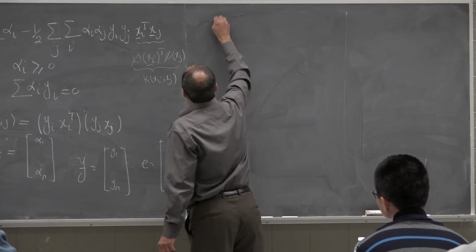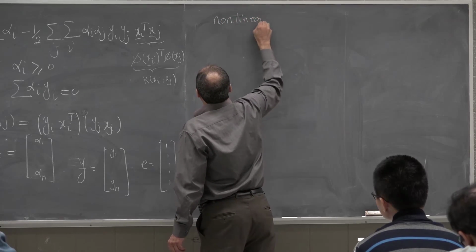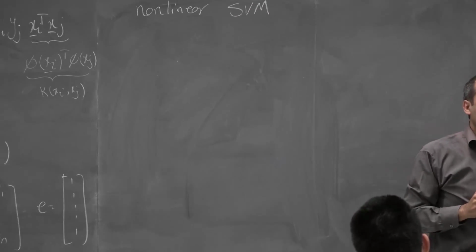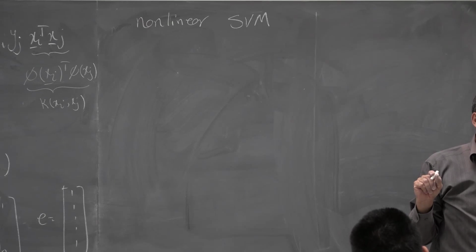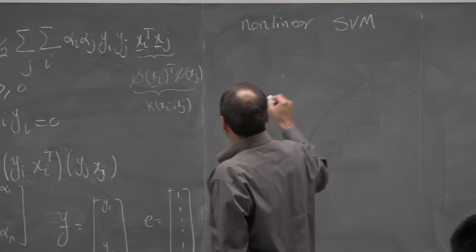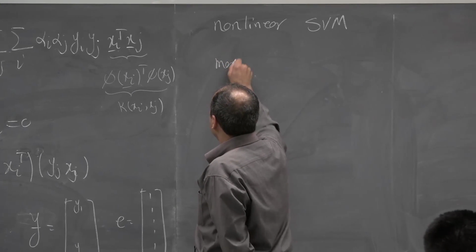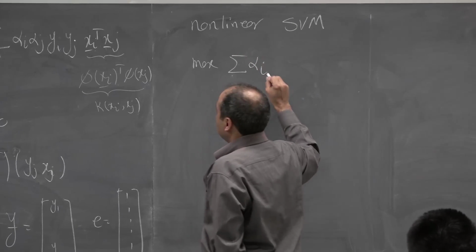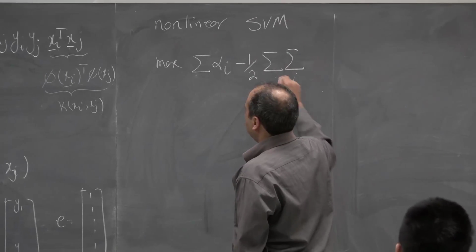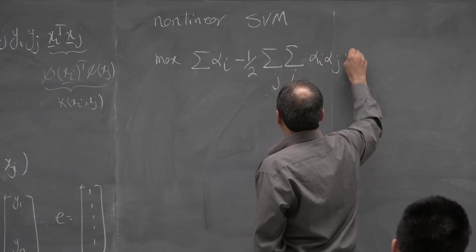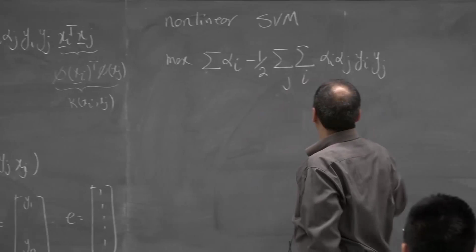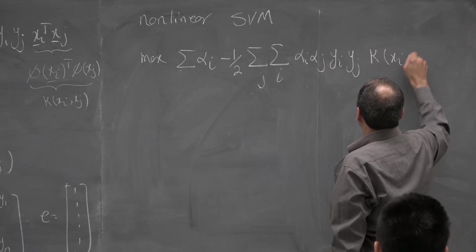So the nonlinear support vector machine, but don't forget that we are still doing hard margin. The nonlinear case would be the max over alpha of the sum of alpha i minus 1/2 the sum over i, j of alpha i alpha j yi yj, and now instead of xi transpose xj, I have k of xi, xj.